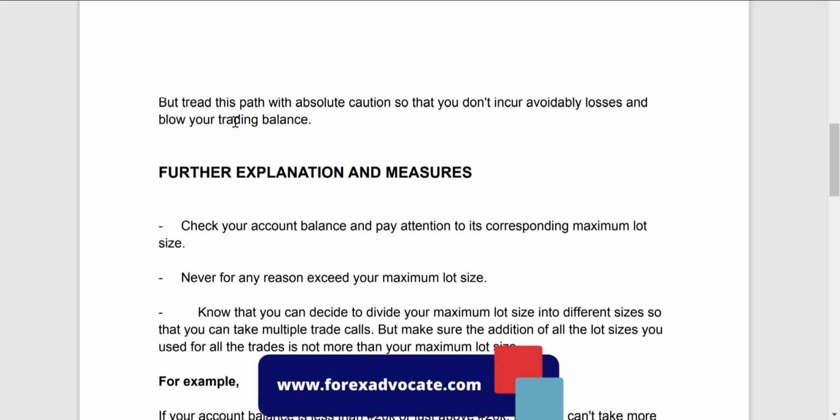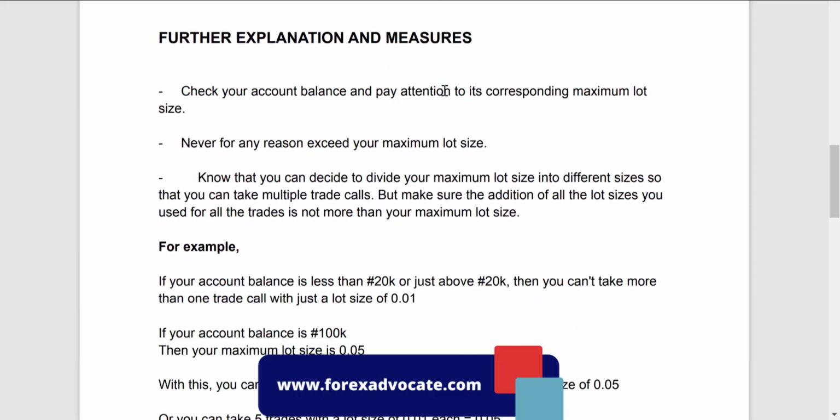But be sure that the risk you are taking is calculated, so that you don't incur avoidable losses. If you blow your account, you're on your own because of your greed and lack of self-control.